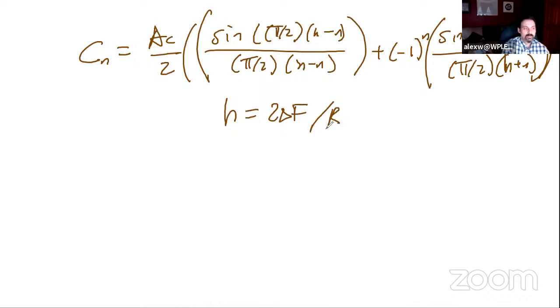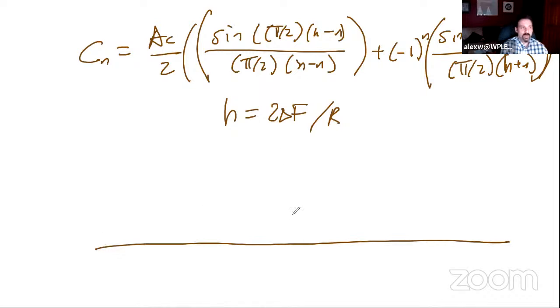Now if I draw this out, the spectrum for FSK is going to look like this. Let's say that's fc.